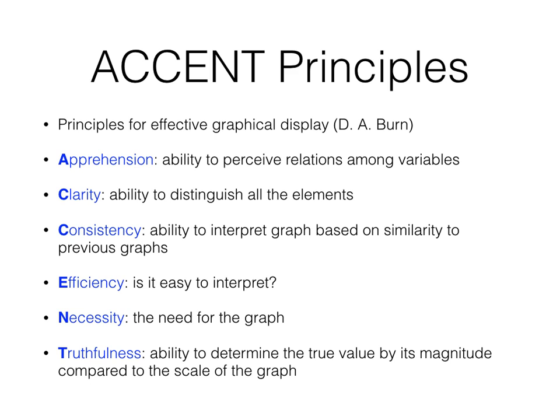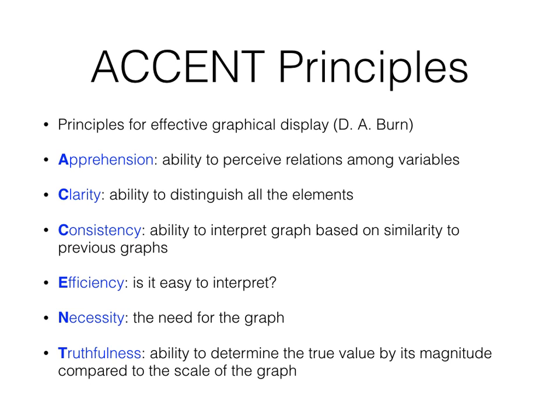The next one is clarity. Clarity is all about how well we can distinguish all of the different elements. Is it really cluttered together, or is it quite clear and open? The next one is consistency. Consistency is all about how we compare different graphs. Is the way that we interpret this particular graph similar to the way that we interpreted previous graphs?